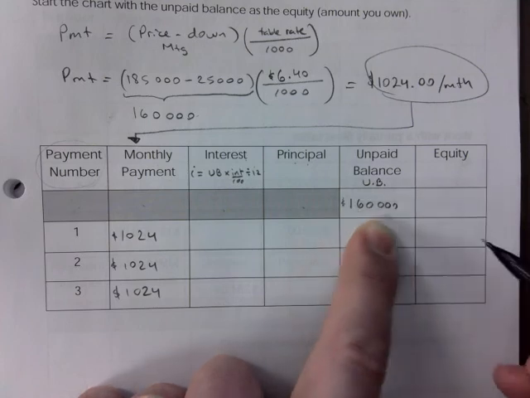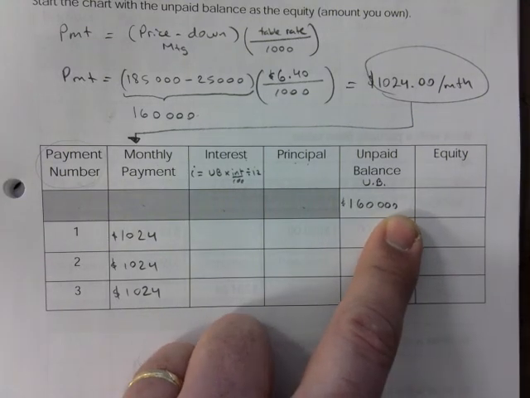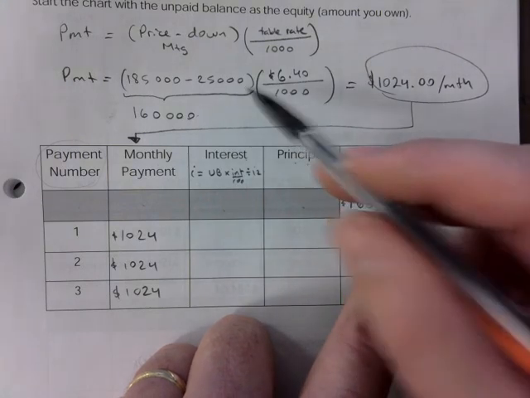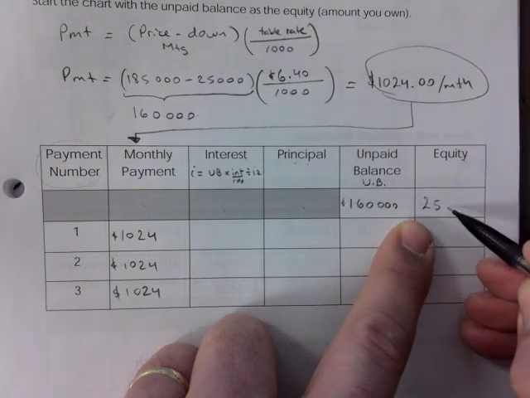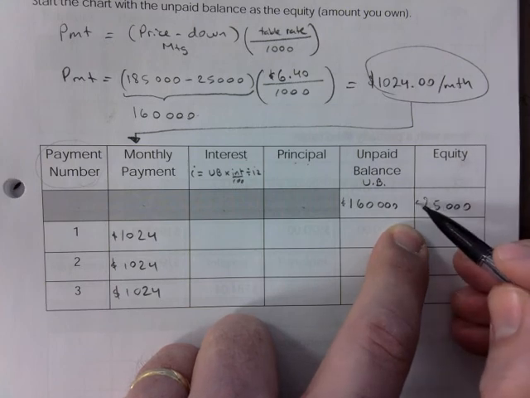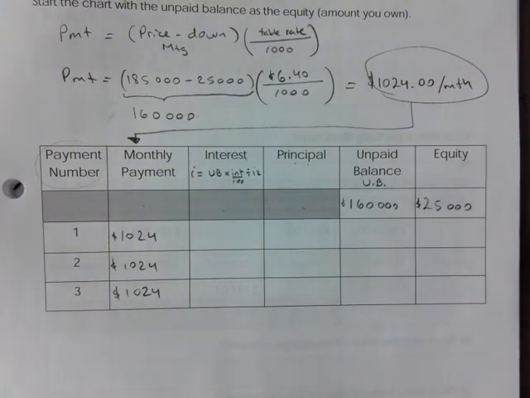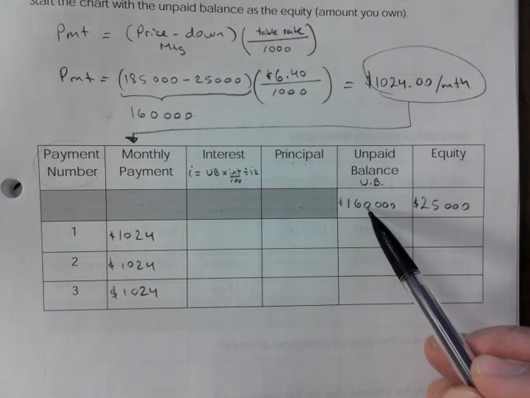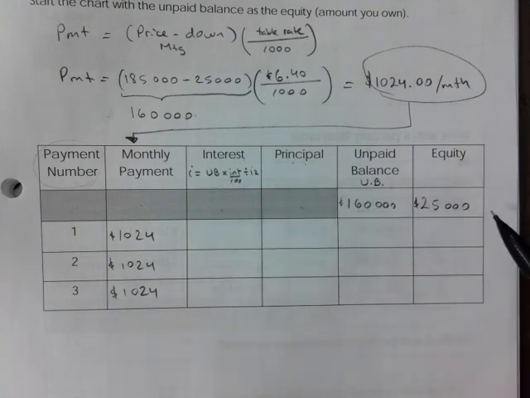And if you remember, equity is how much of the house you own. In this case, the equity is your down payment. If there had been no down payment, you would have no equity at the beginning. You owe everything. So this is your down payment, and you owe this much. Okay, so that would be the first row.